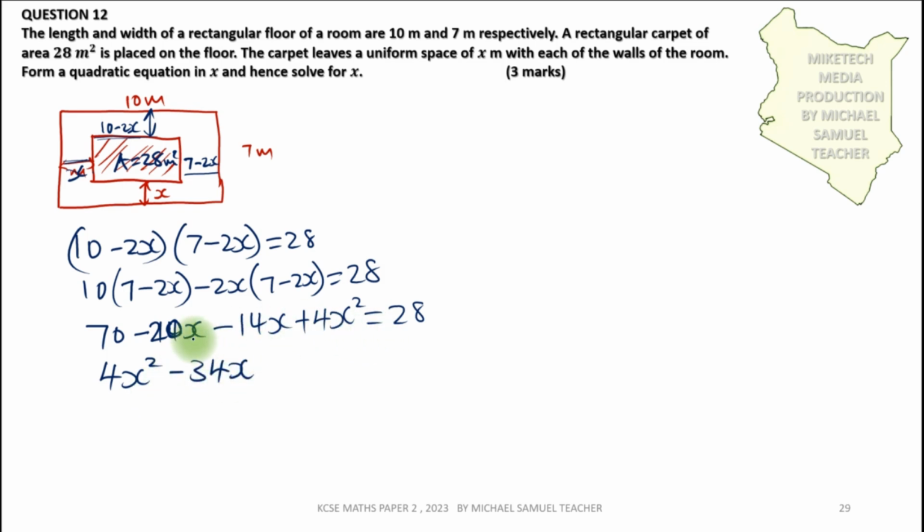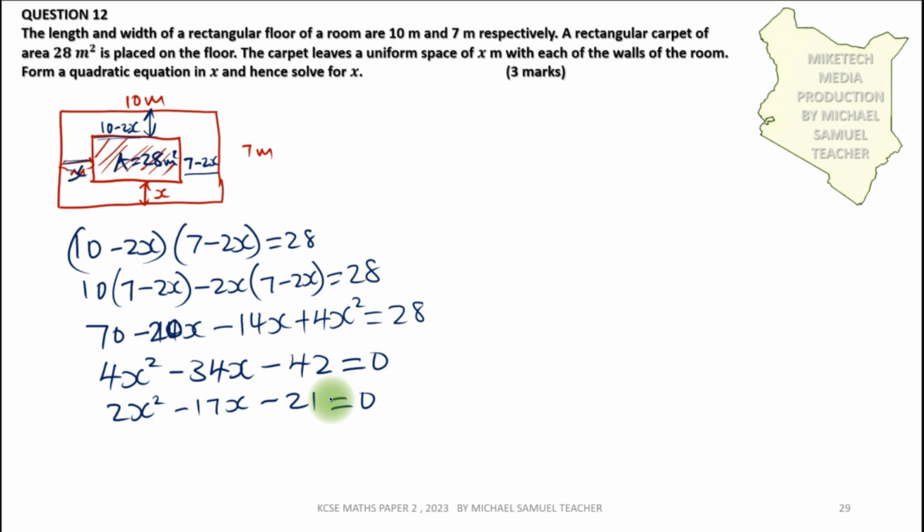Then 70 minus 28 is 42, so plus 42, is equal to 0. We can divide each term by 2 to simplify it. So we get 2x squared minus 17x plus 21 is equal to 0.